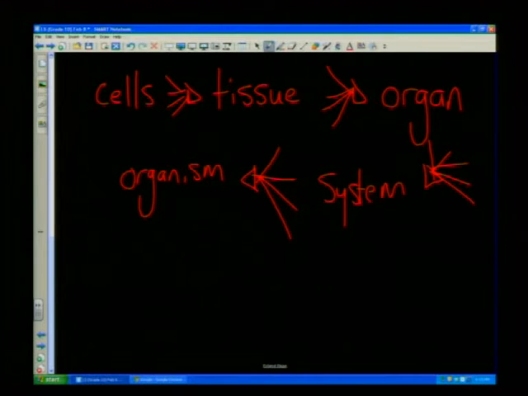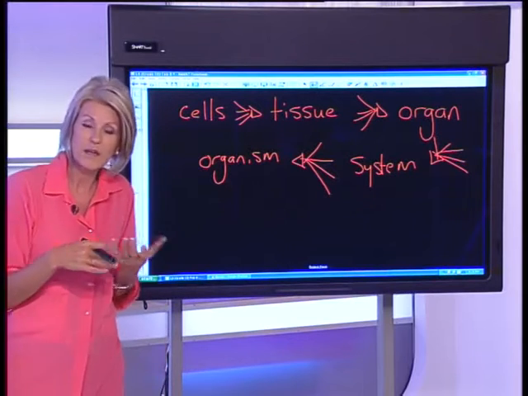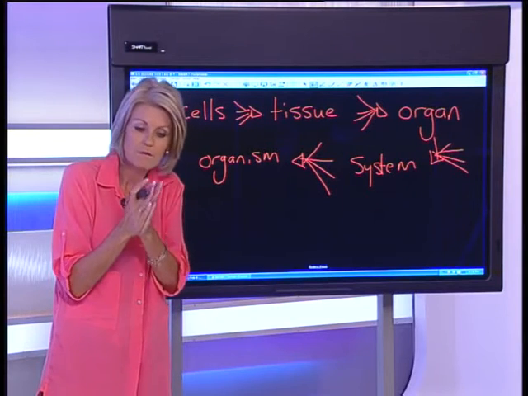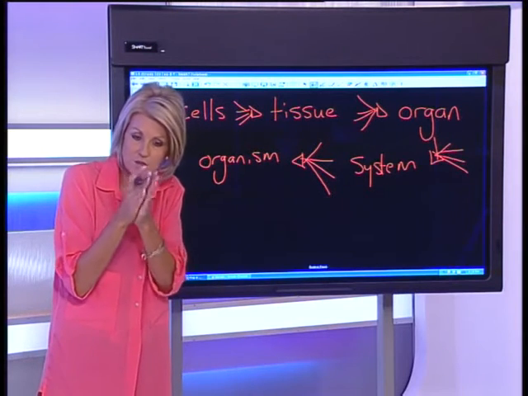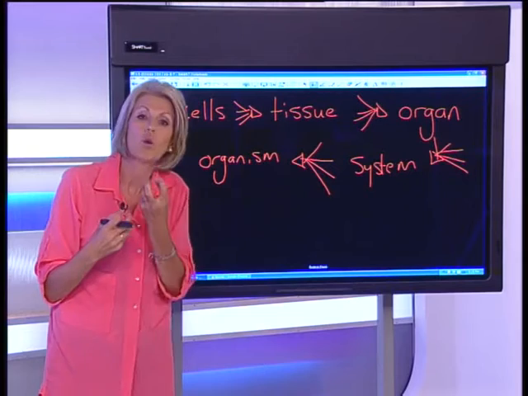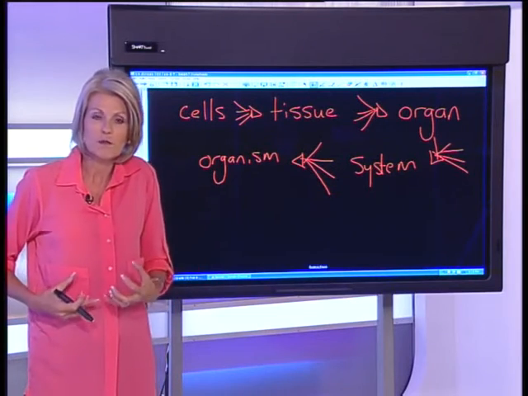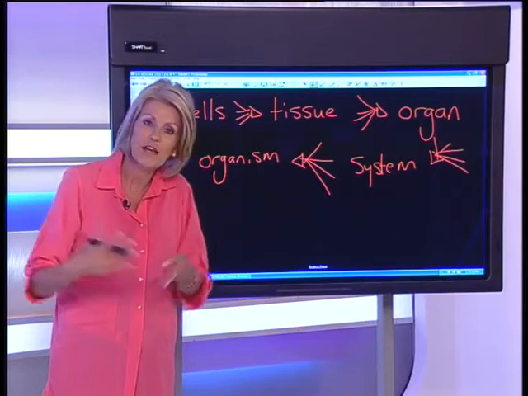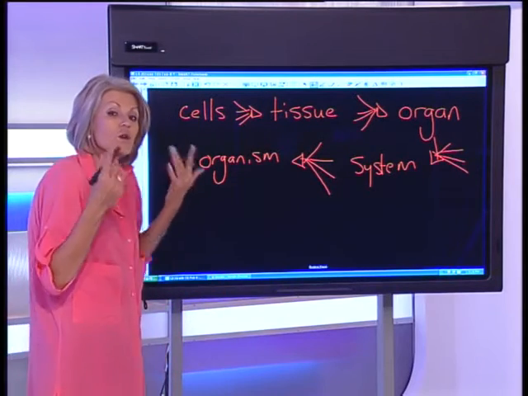And we went through this last week, remember, if you were watching. We have cells, lots of cells together form tissue, lots of tissues form an organ, various organs form a system, and the systems together make you. So let's look at an example.